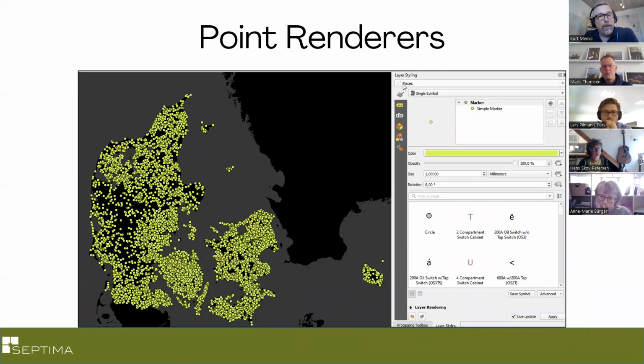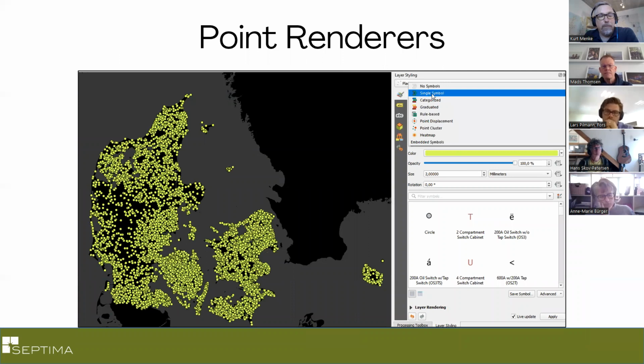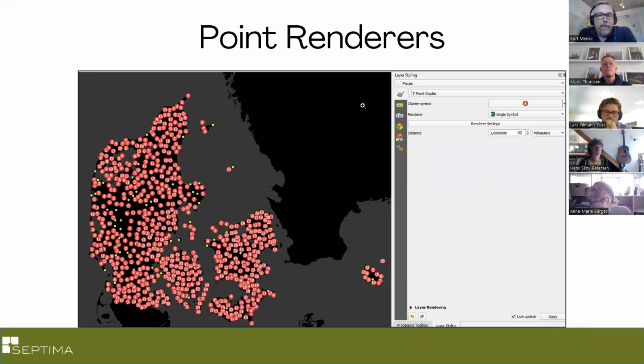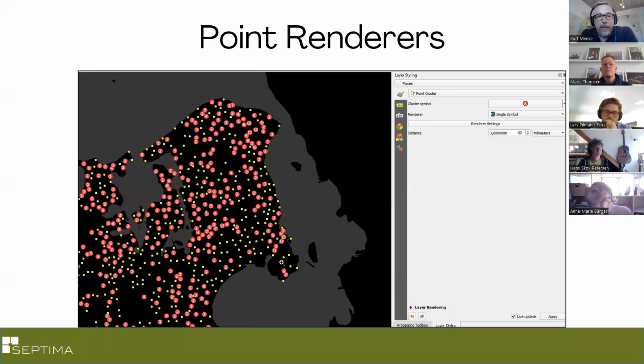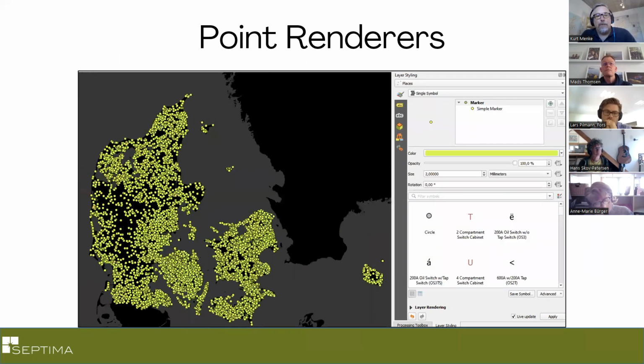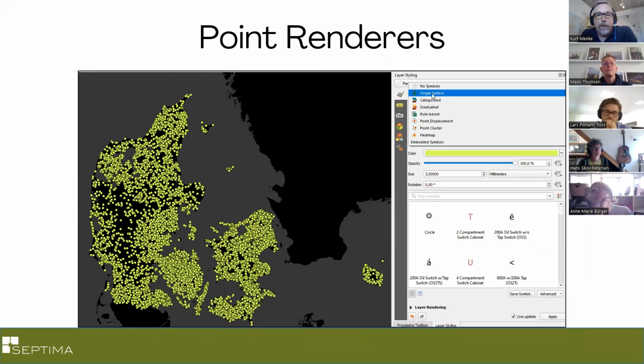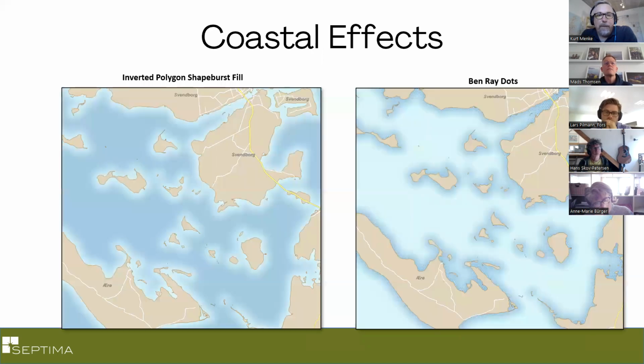And point renderers, as I mentioned, so here's a series of points in Denmark. And instead of choosing the simple point marker, I can choose point cluster, which will show me, again, how many points are clustered at each location, which is based on the scale that you're looking at. So that's one example of using one of these different renderers and how quick it is to apply them. And then we'll finish up the morning looking at coastal effects.